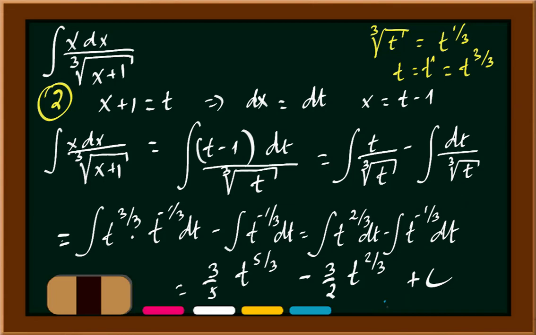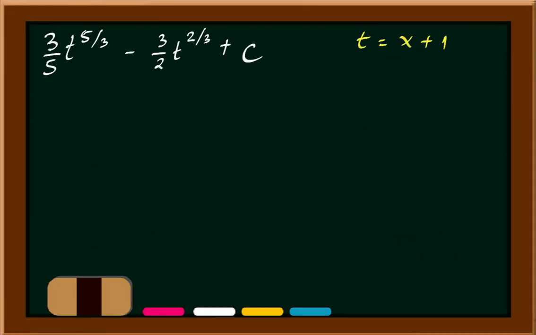We can finally rewrite it. Yes, now we have come to this one, and we know that t is equal to x plus 1, so we have to replace t by its value. So what we get now is the original integral of x dx over cubic root of x plus 1.